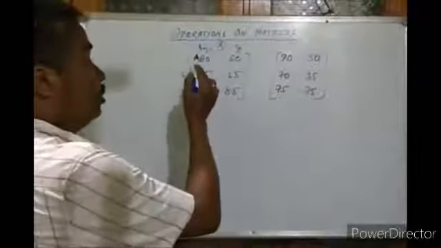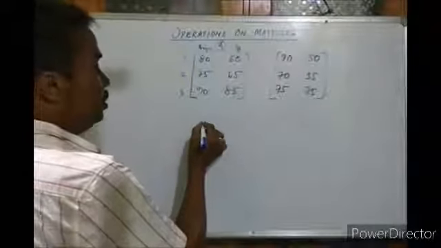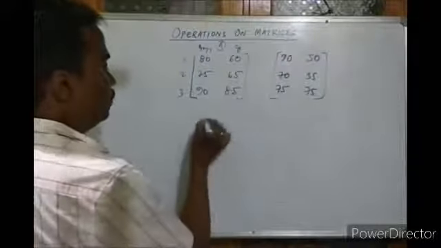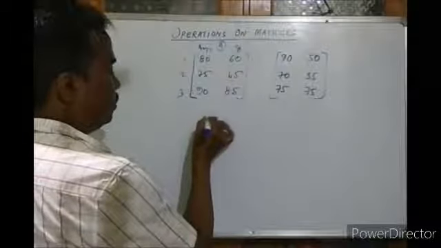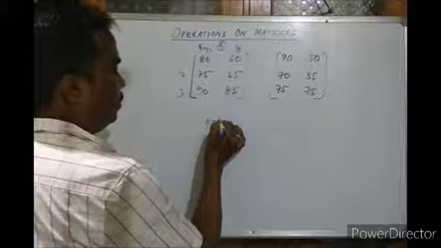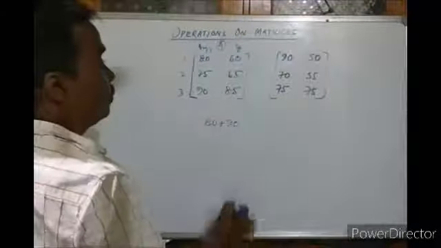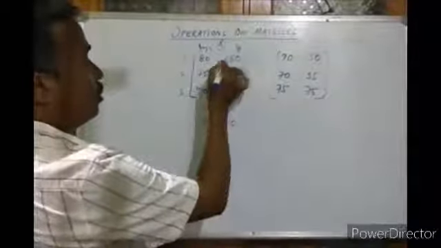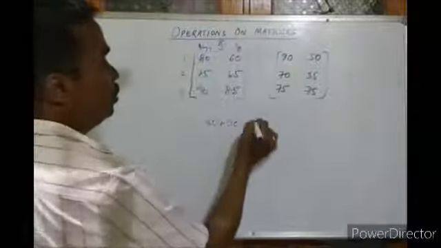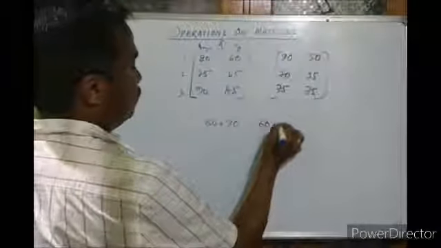The production of boys sports shoes in category 1, the total production is 80 plus 90, and for girls in category 1, the total production of girls shoes is 60 plus 50.